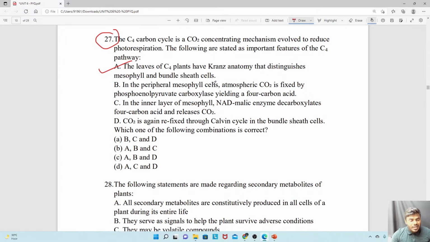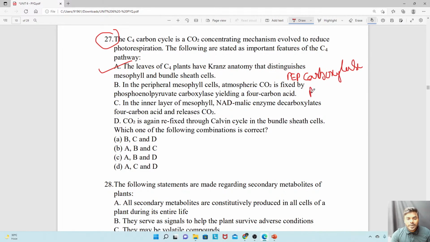Option B: first, who will fix the carbon? We all know. In C4 plants, rubisco is present in the bundle sheath cell. So what will be the major enzyme in the mesophyll cells? PEP carboxylase.